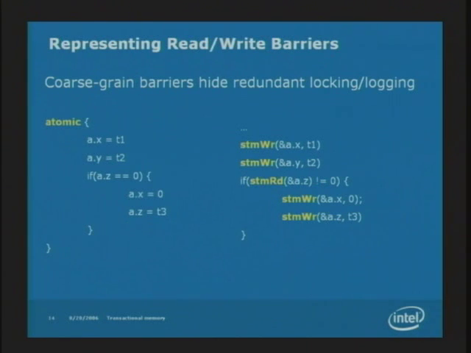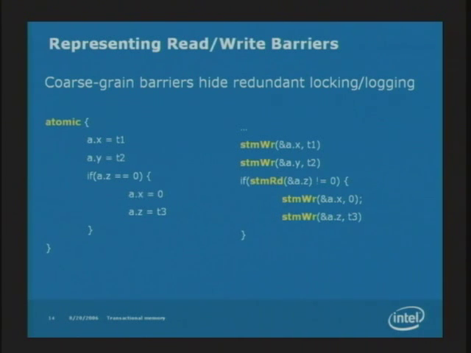Okay, so just to touch briefly on the compiler optimizations, again, we take the atomic block and we instrument all of the reads and writes. So this a.x becomes a call to this function, doing an STM write of a.x. You're going to write into a.y. This again becomes an STM write into a.y and so on.